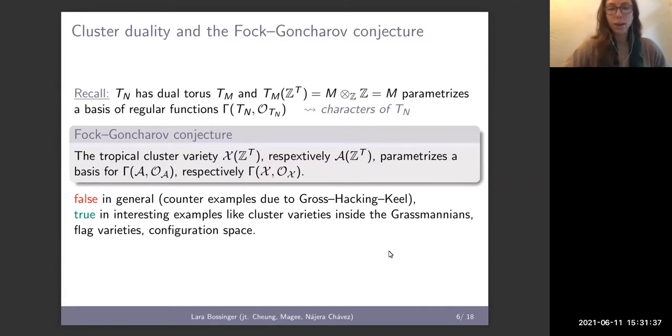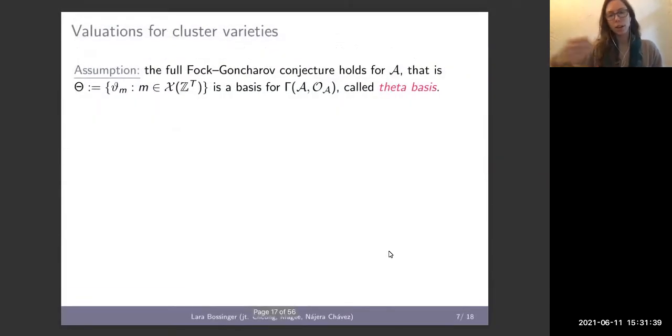There is another formulation of this conjecture, which is usually referred to as the full Fock-Goncharov conjecture. We say that the full Fock-Goncharov conjecture holds for the A variety if the lattice points inside the tropicalization of the X variety and their associated theta functions are actually a basis.